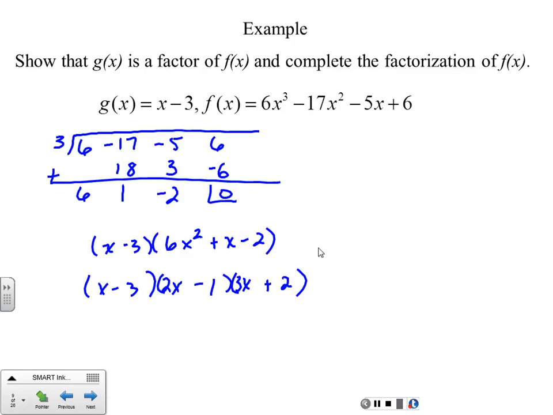I do have my Math 100 lesson for factoring. Do you want me to upload that into Blackboard? Or are we okay with factoring? Okay. Like I said, if you need help, just let me know. So, completely factor. This is how you're going to do it.